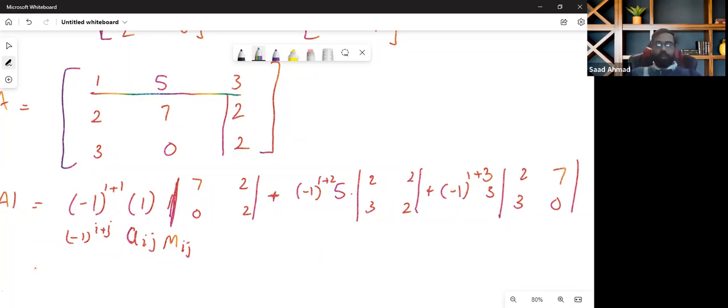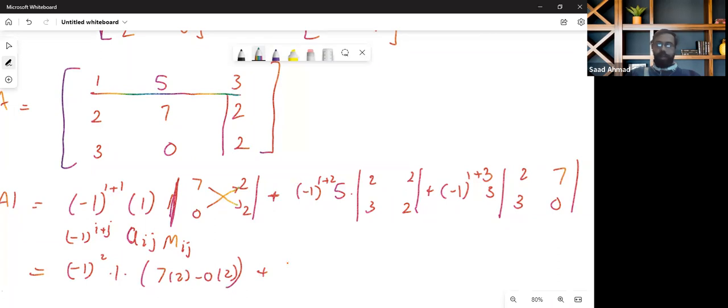Now we know how to solve a 2 by 2 determinant: this times this minus this times this. Minus 1 to the power 1 plus 1 is minus 1 to the power 2, and then 1 times 7 times 2 minus 0 times 2.